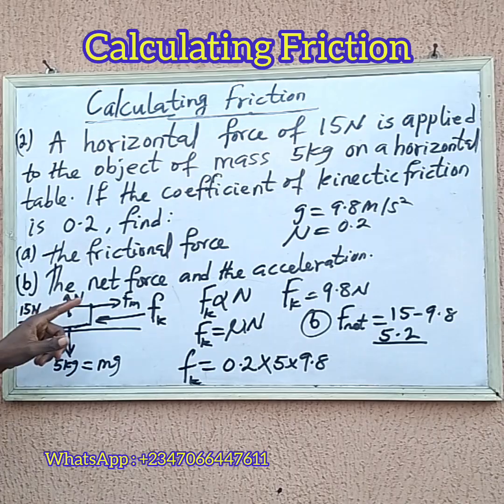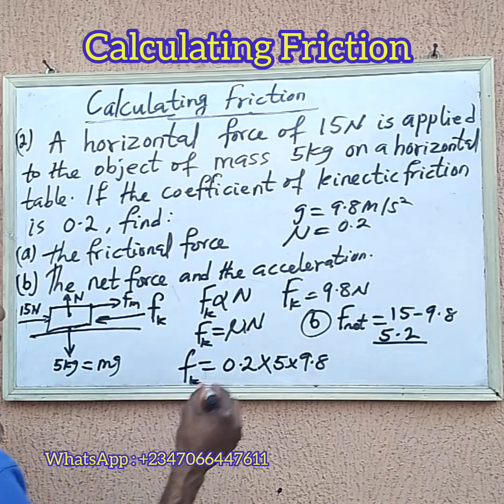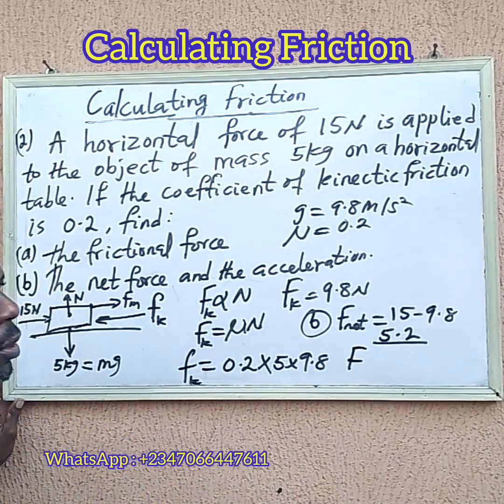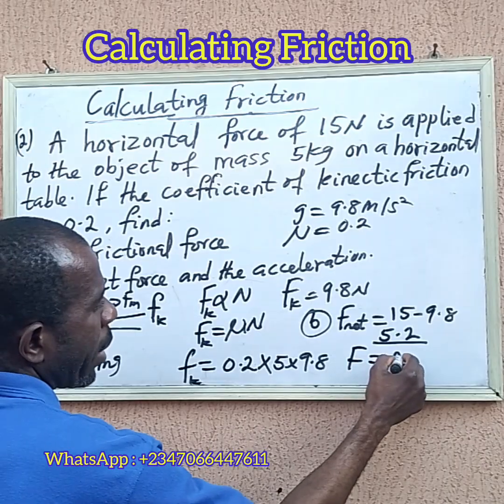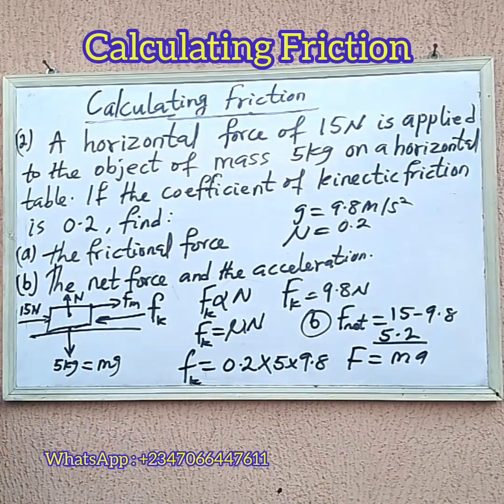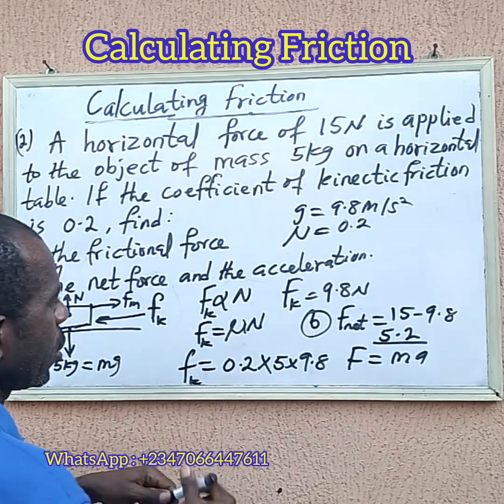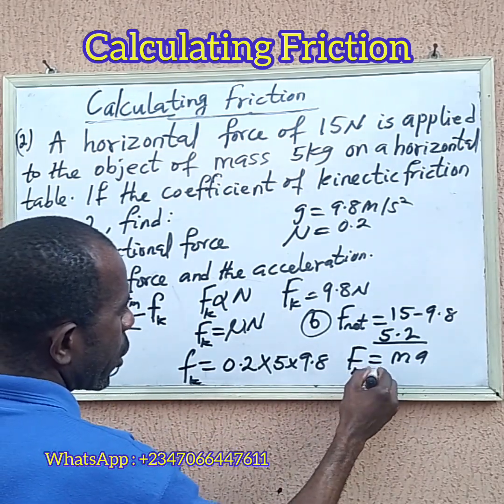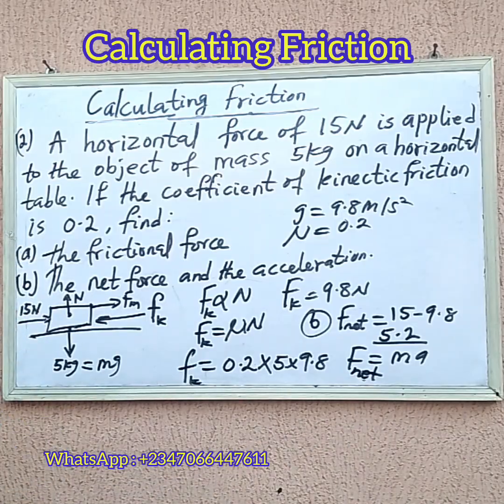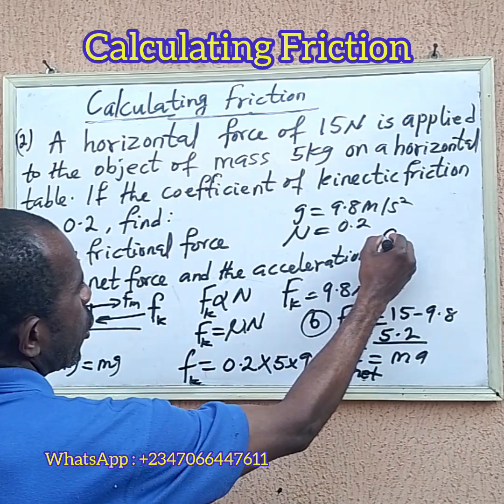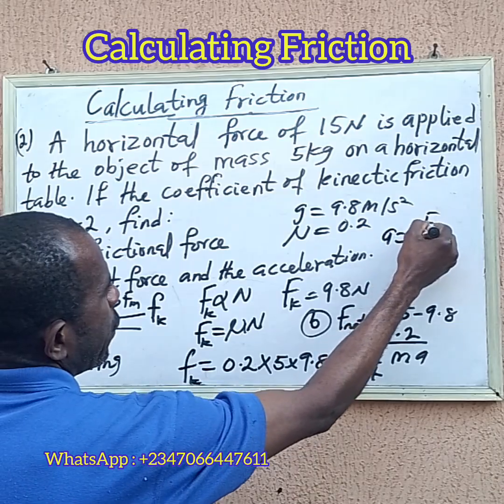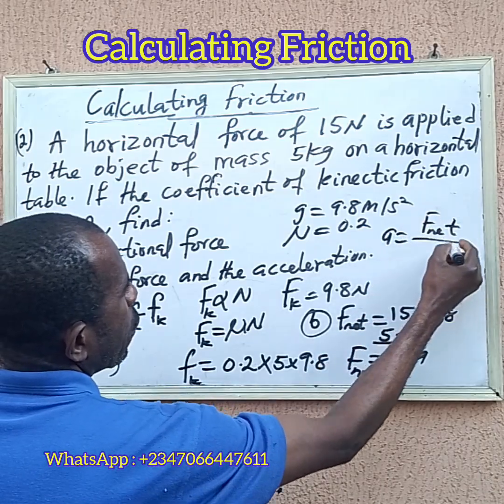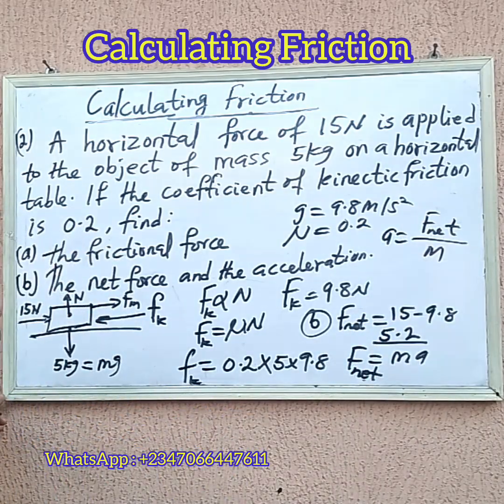Now we want to calculate the acceleration. Remember, according to the second law of motion, F is equal to mass times acceleration, because the body is now in motion. So the net force is equal to mass times acceleration. Getting your acceleration, it is equal to F net over the mass.